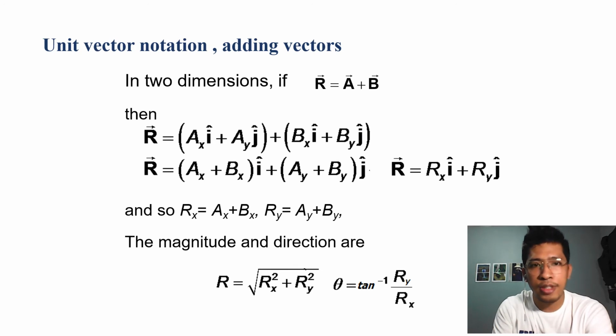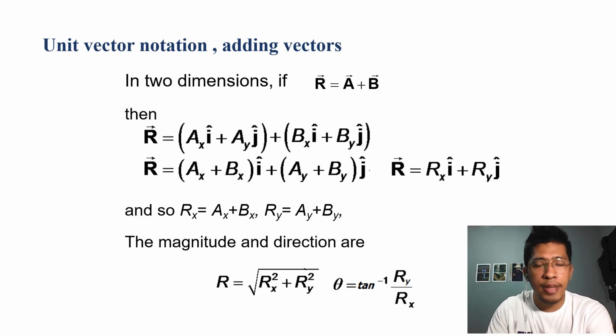So in 2 dimensions, say you have two vectors, A as ax i hat plus ay j hat, and another vector B, bx i hat plus by j hat. Adding A plus B, you have ax plus bx, so we add everything on the x component, carry the direction i hat, plus ay plus by j hat.